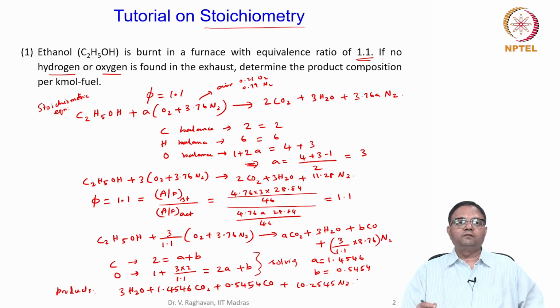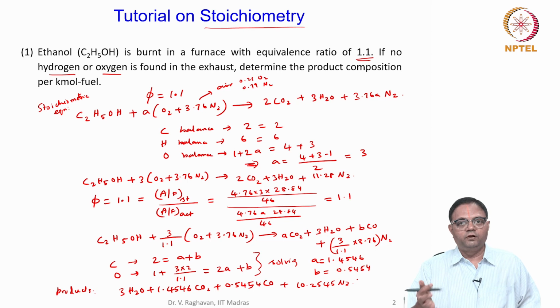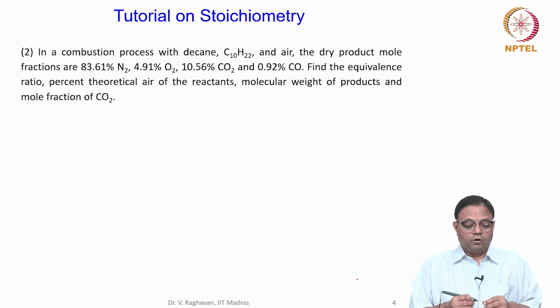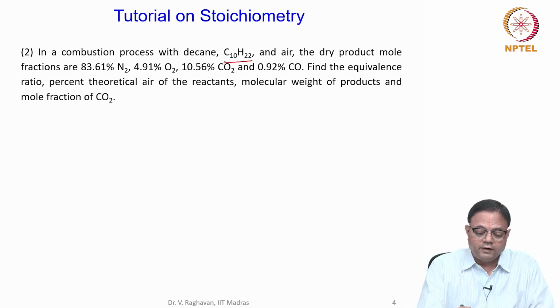So we are supplying less amount of air than the stoichiometric value. So hydrogen takes immediately the required amount of oxygen, but C doesn't convert as quickly as hydrogen, so some CO remains in the product.